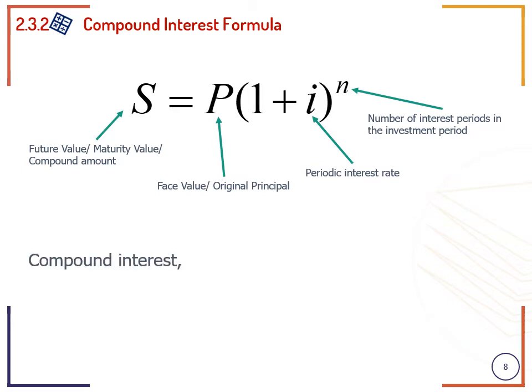Compound interest I is the difference between future value S and original principal P.